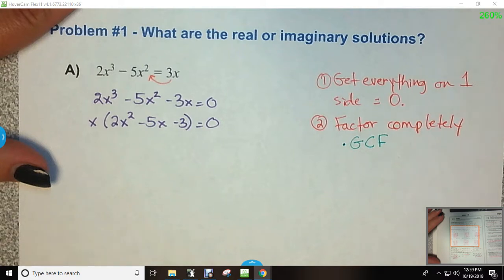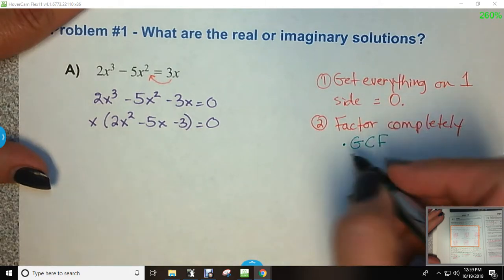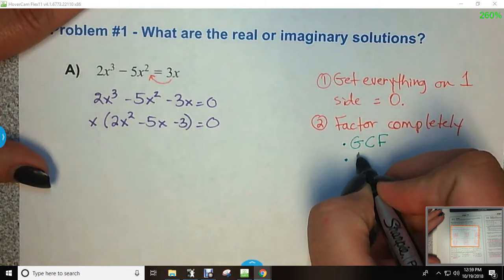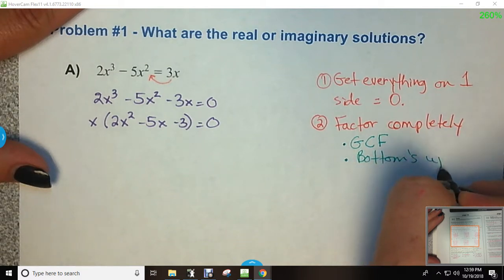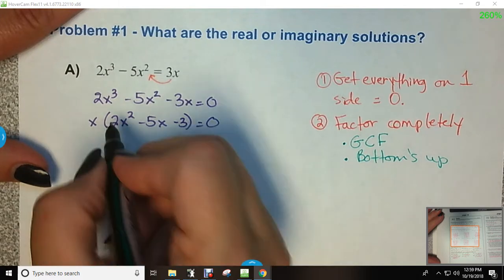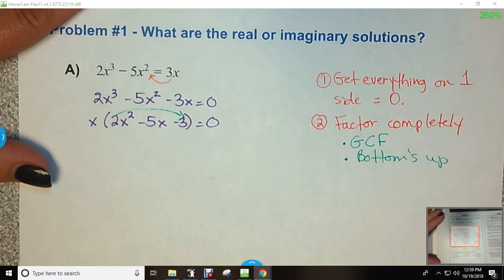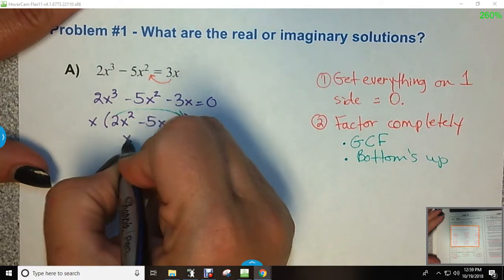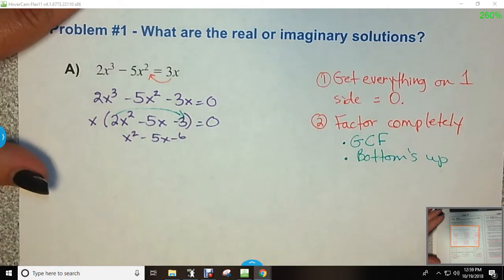And now you've got to look at this trinomial right here. I can factor it. What method do I have to use? Bottoms up, yeah. So to do that, remember you're going to take your 2 times the 3 out here. And that's going to give me x squared minus 5x minus 6.